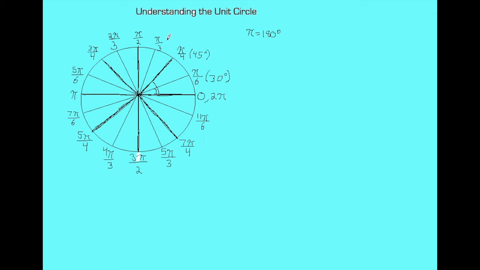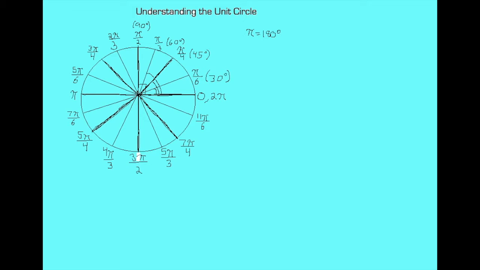We will substitute 180 for pi and we'll get 180 divided by 3 equals 60. Therefore, this whole angle is 60 degrees. Now, we will look at pi over 2. 180 divided by 2 is 90 degrees. So this angle is 90 degrees.